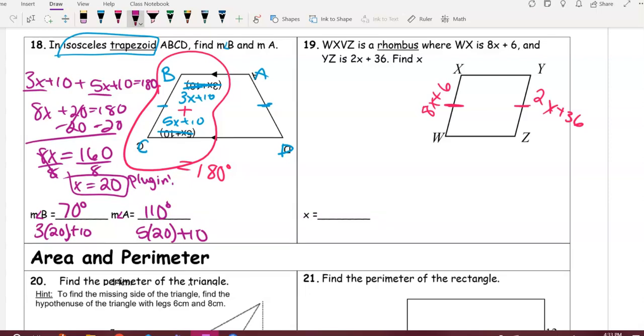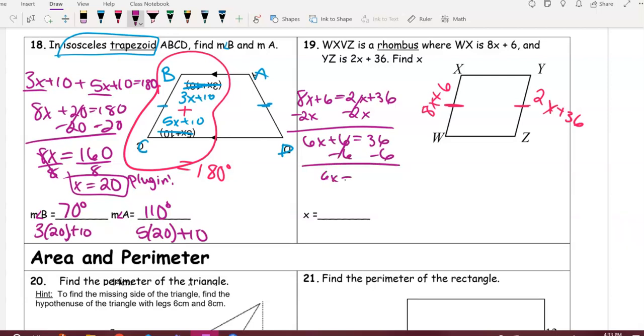So we're going to say one equals the other. 8x plus 6 equals 2x plus 36, and we will solve for x. So x equals 5.